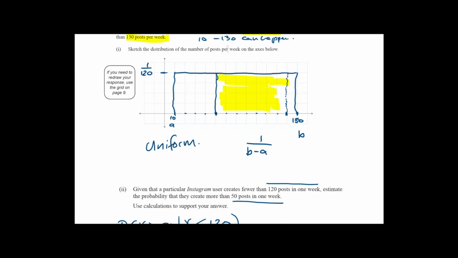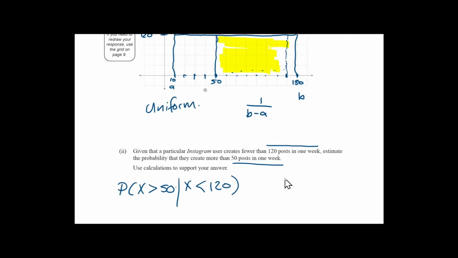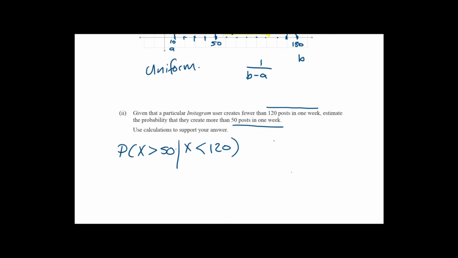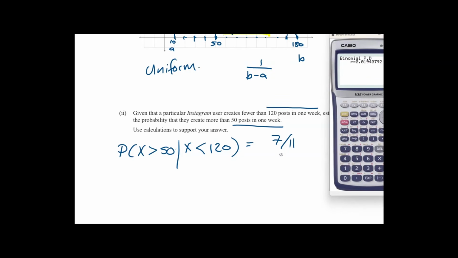All right. Well, we can just do that really by eye. There are 11 lots of 10 here. And 1, 2, 3, 4, 5, 6, 7 of them are taken up by what we want. So the probability that it's between those two is going to be 7 over 11. We can just go straight to the answer in that case just by reading off the graph.